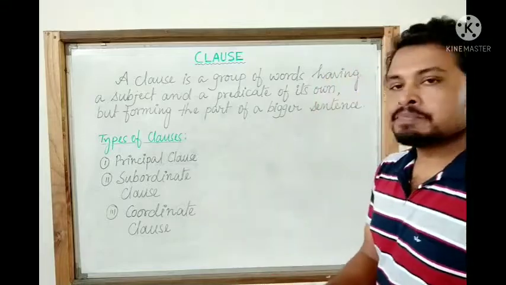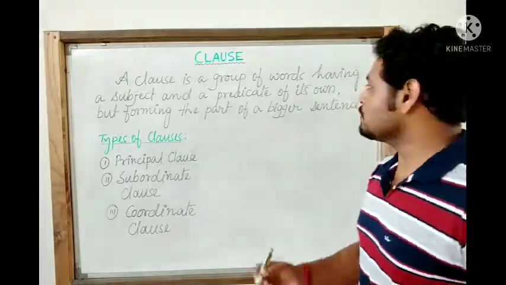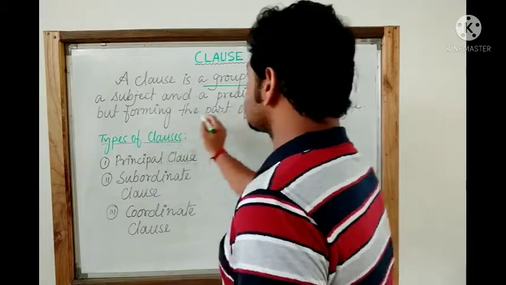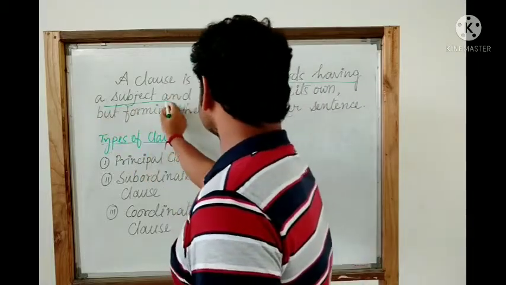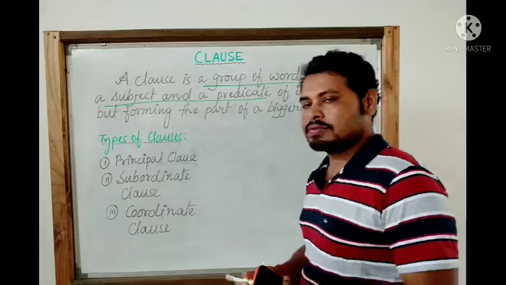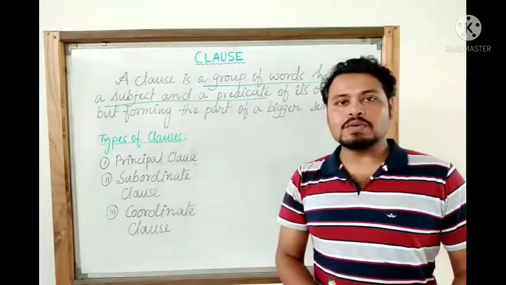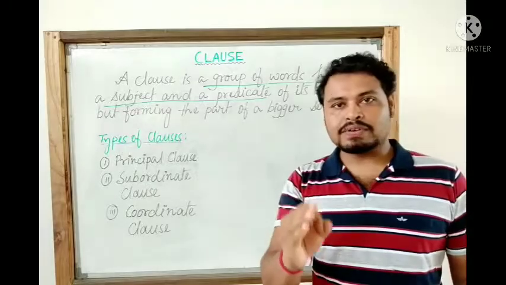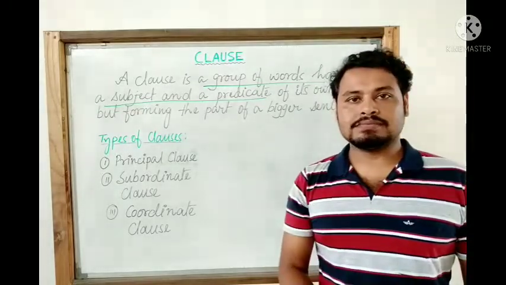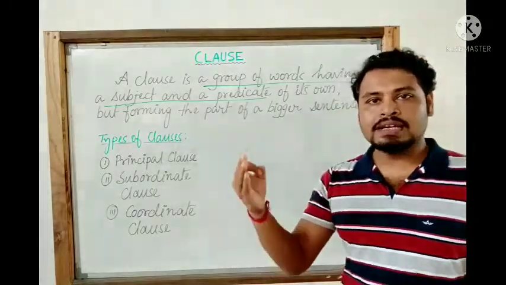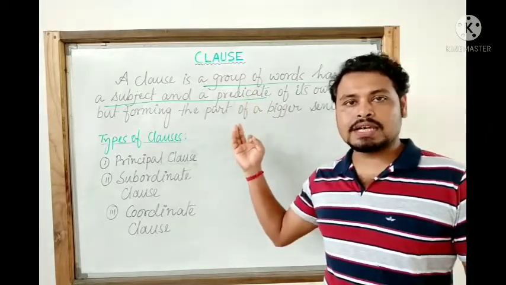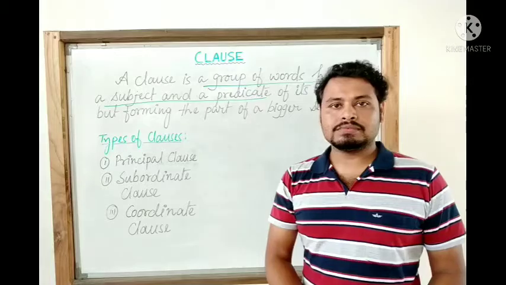What are they? The first thing that we must remember, it is a group of words having a subject and a predicate. Now from this, we are being reminded of the definition of a sentence, because a sentence is also a group of words having a subject and a predicate.